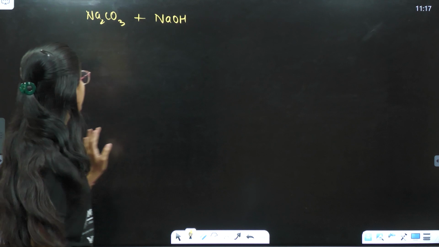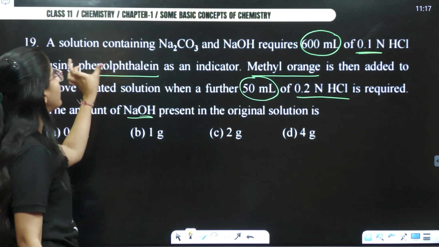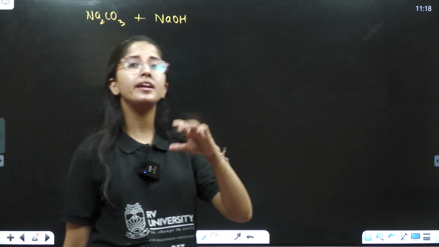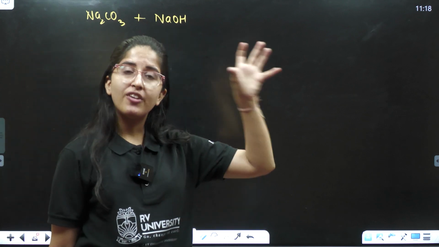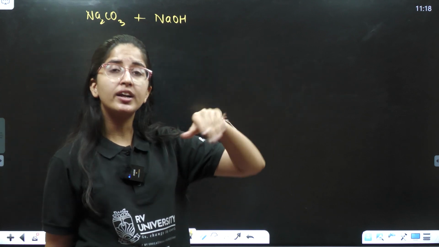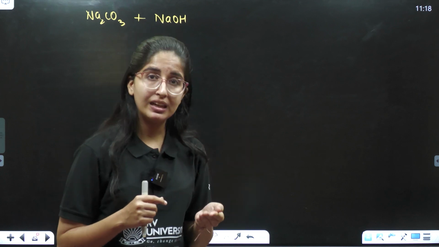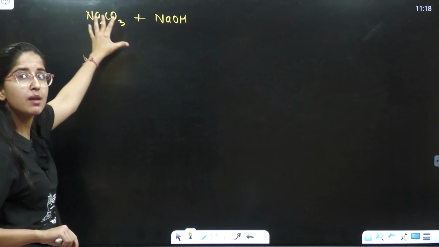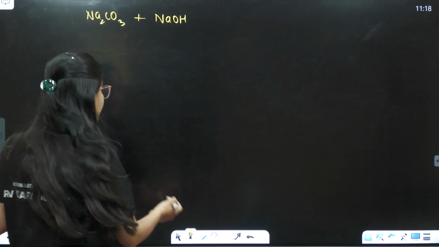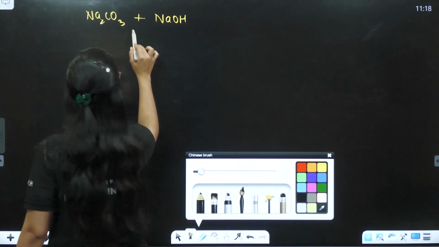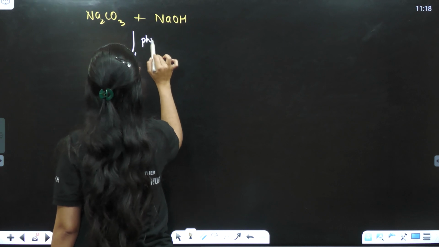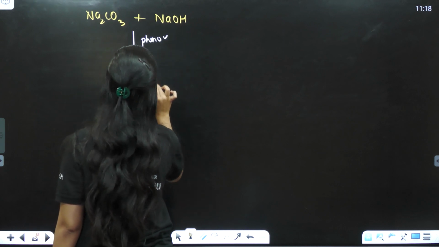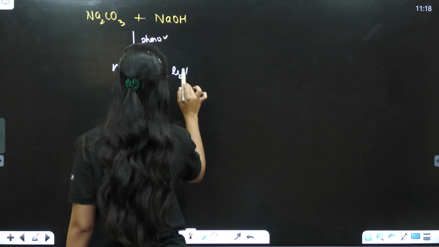Now remember here, when you are using phenolphthalein as an indicator, it will convert itself into pink color when half of your sodium carbonate is used. So under phenolphthalein, what will be the neutralization? With phenolphthalein, half of the carbonate will be left.